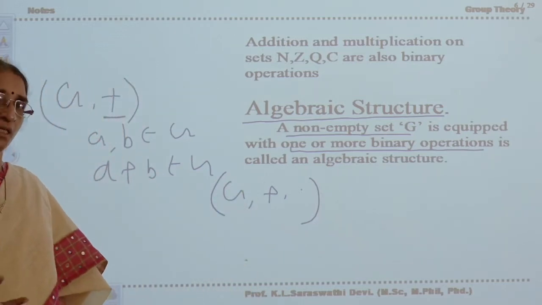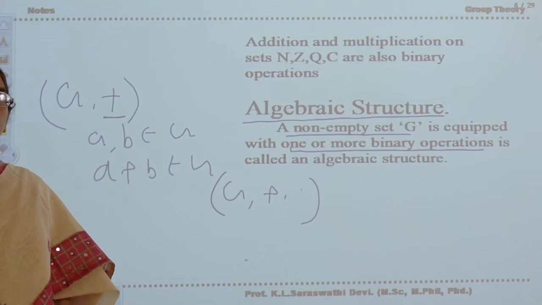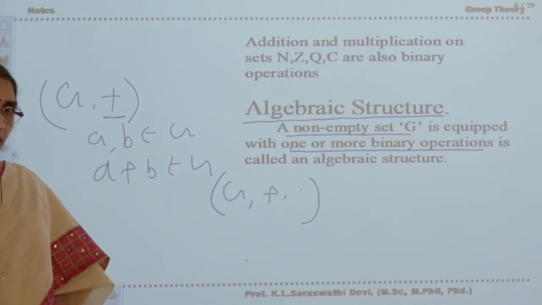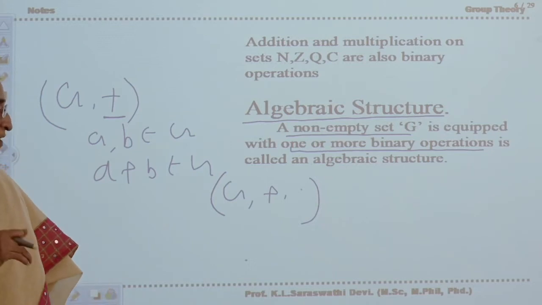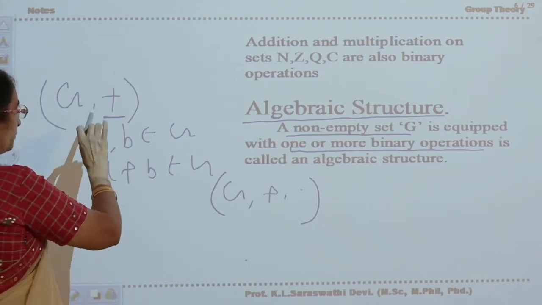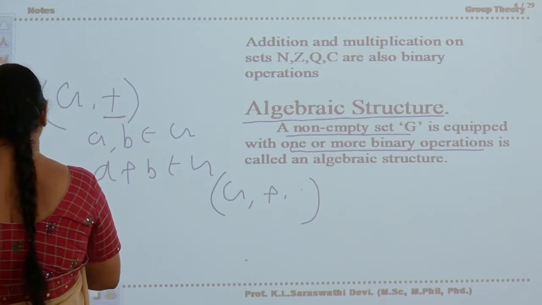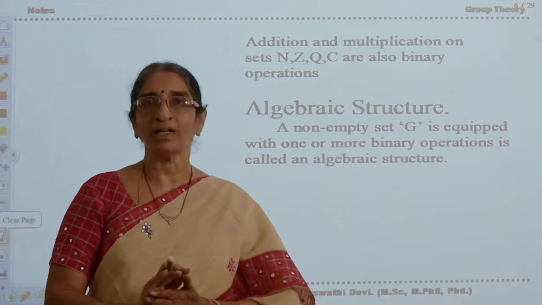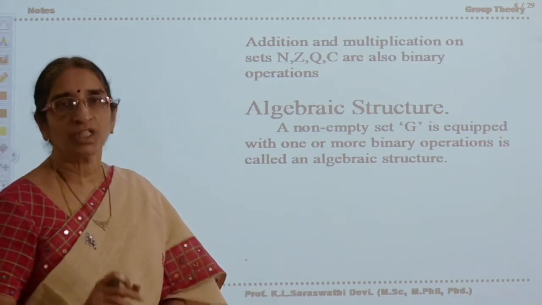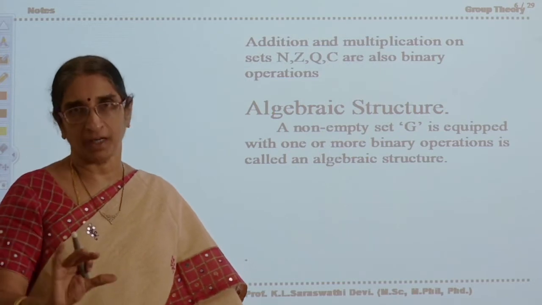In your next year, before completing the graduation course, you will see algebraic structures with two operators such as ring, field, vector space, etc. So an algebraic structure is nothing but a non-empty set equipped with one or more binary operators.